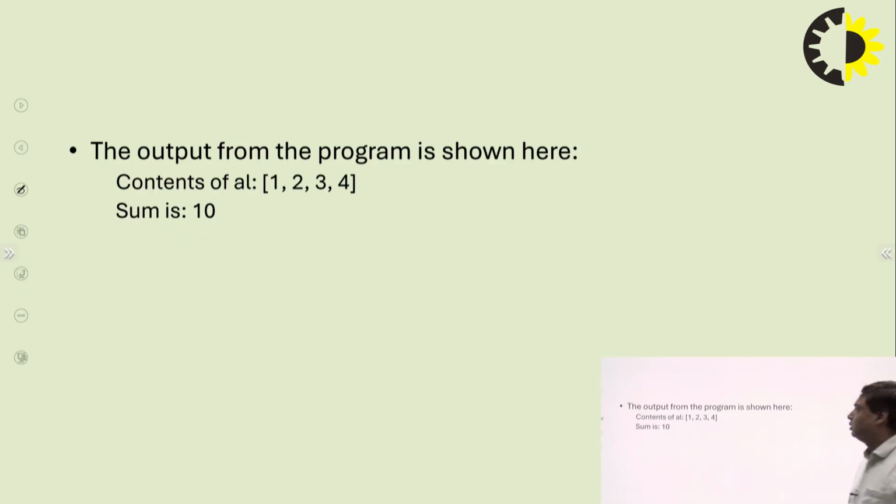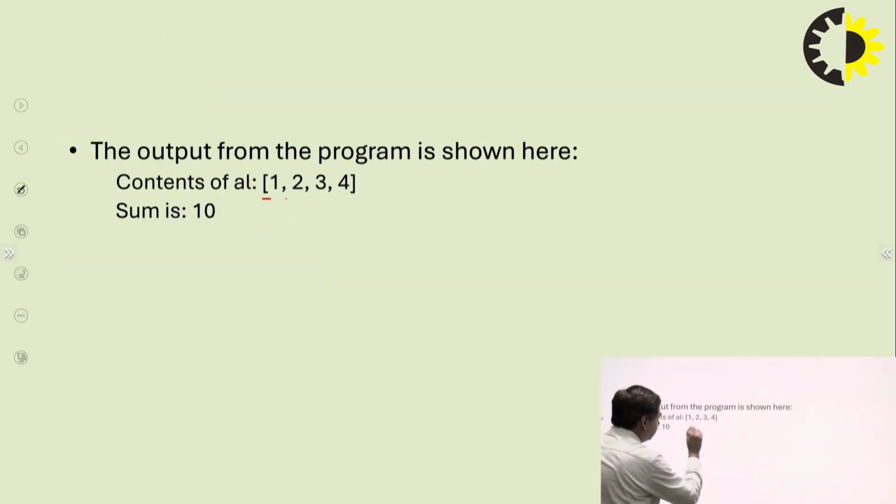Next, contents of AL. It is the output of this program. In this position it is a collection. Then this collection is converted into a simple array and we are making the addition.